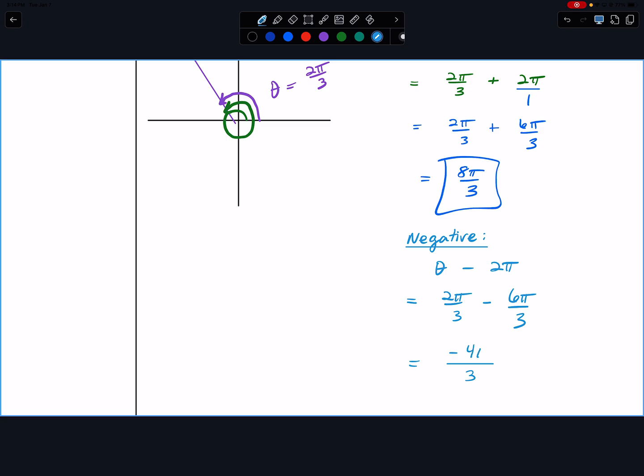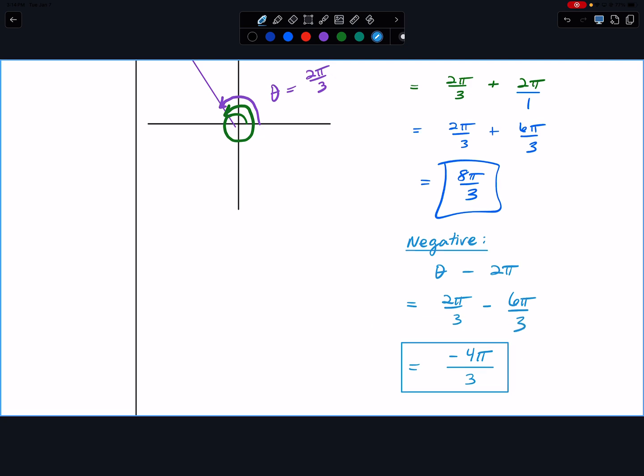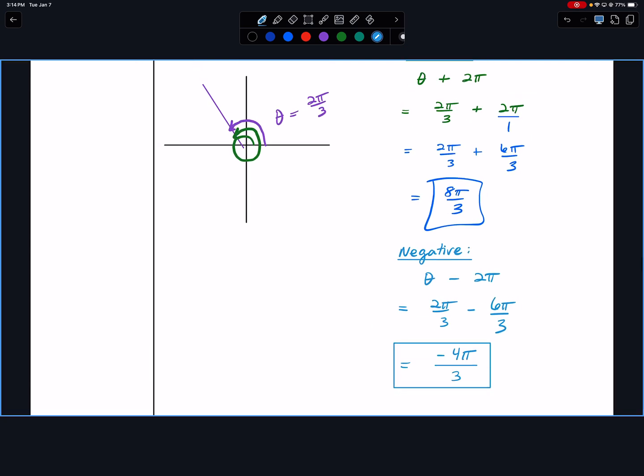Negative 4 pi over 3. Cool. So I'm going to go in the negative direction and land in the same spot as this ray right here. So it's going to look something like this. That picture looks a lot better.